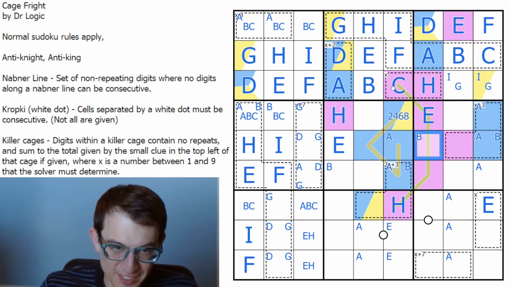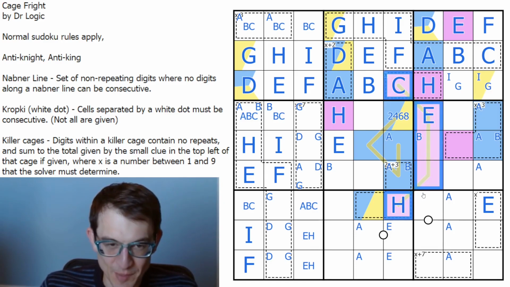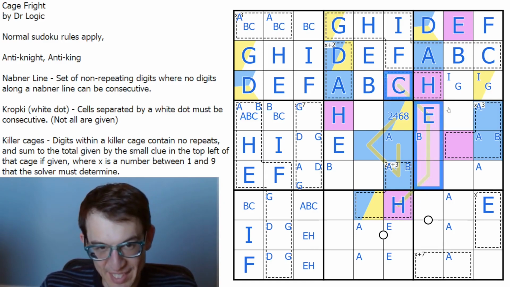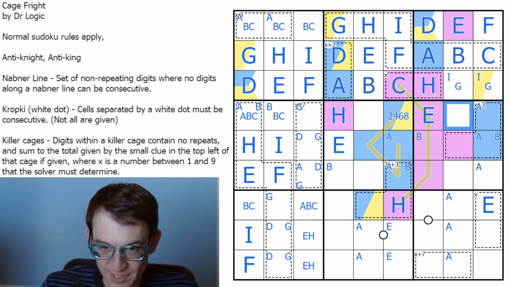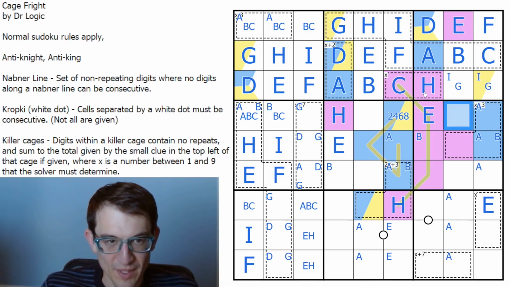But these 5 cells are all the odds by the Nabner line. I can change this H to here, and I still have the set of 5 odds. And these all see this cell, right? It sees C by knight's move, H by king's move, and the other 3 by being in the same box. So this is not odd, that's even. And it's one of these two, I don't know which. So I have 1 more even and 1 more odd here.